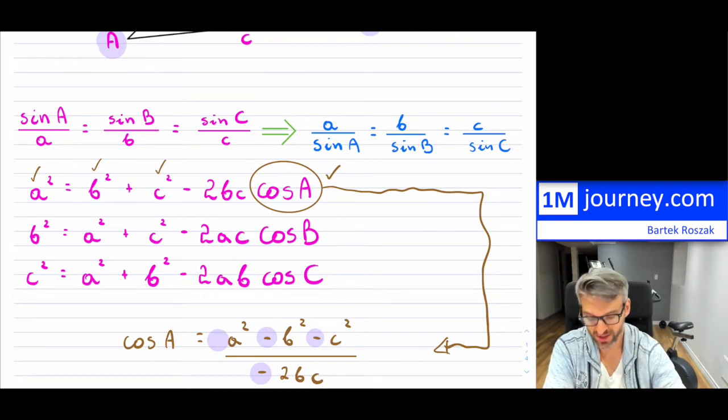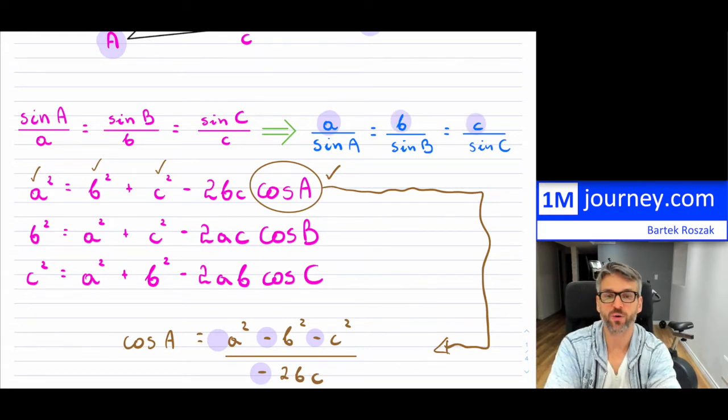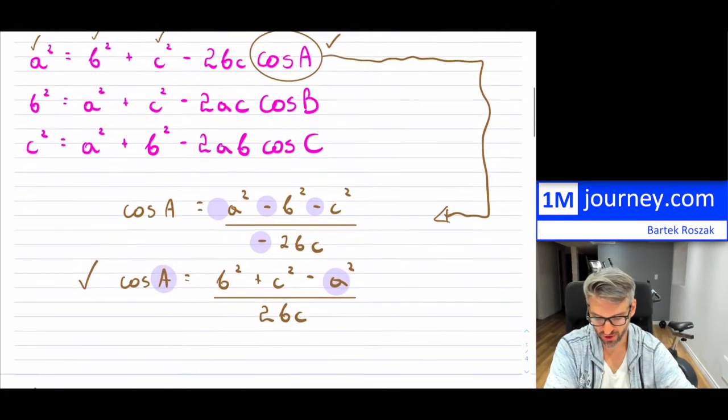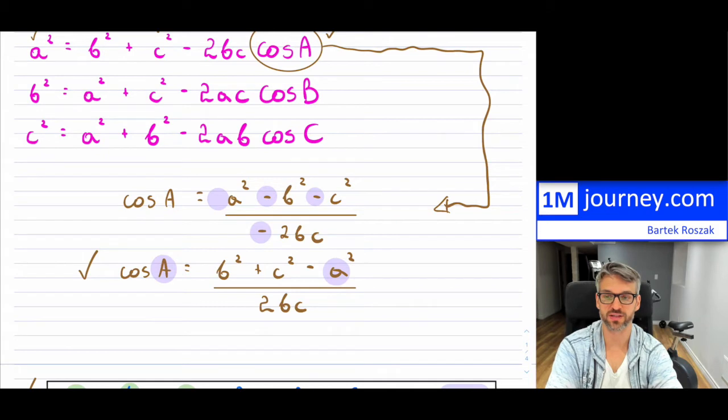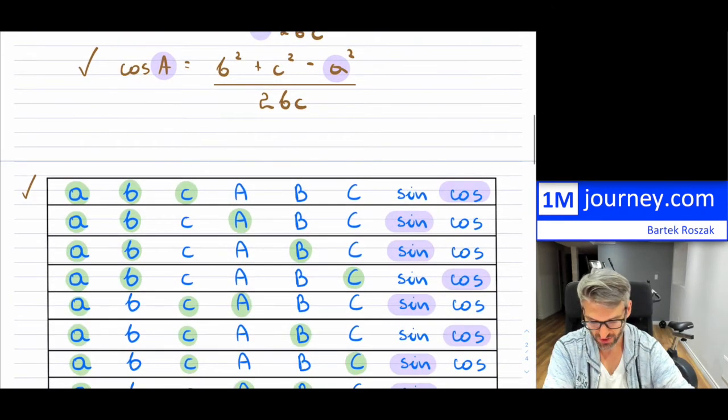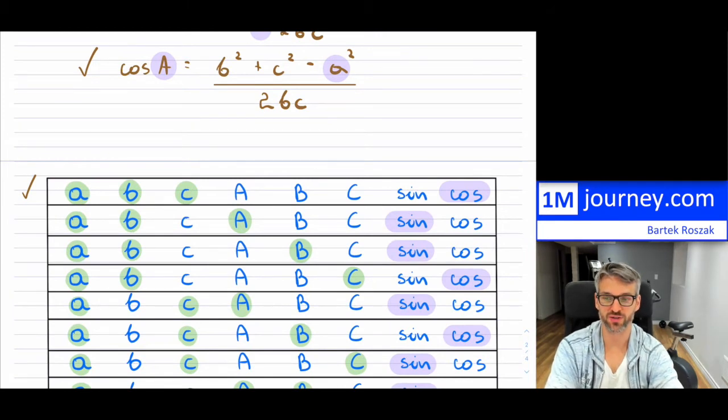However, notice that if I know a, b, and c, and I do not know any of the angles, then the sine law is useless. It doesn't help us at all, because we can't find any of the angles just by knowing the sides. We can, however, use the cosine law when we know all of the sides to find any angle that we like.